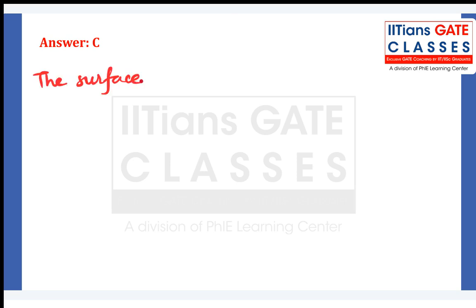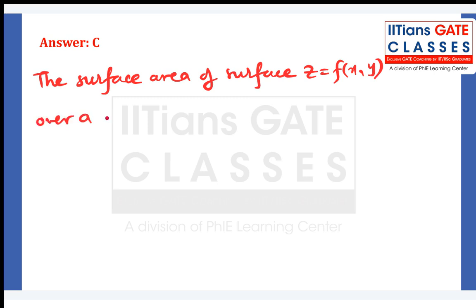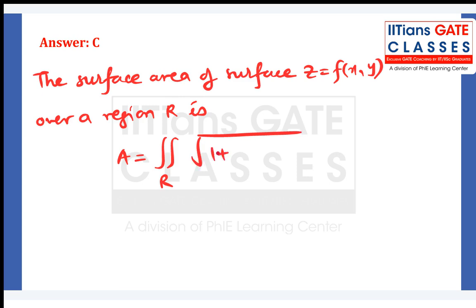The surface area of a surface z equal to some function f of x and y over a region R is given as a double integral over that region R of the square root of 1 plus fx whole square plus fy whole square, times the elemental area dA.